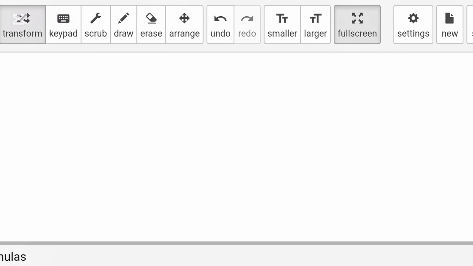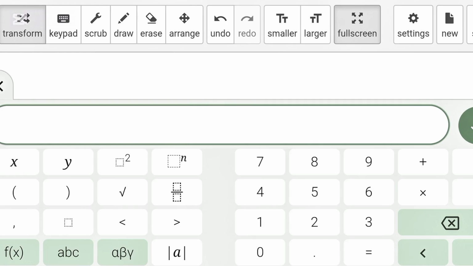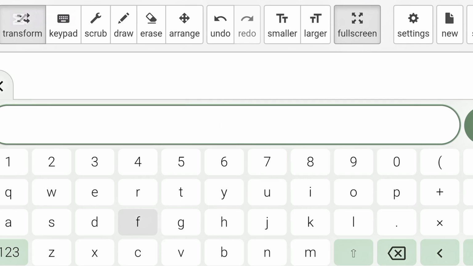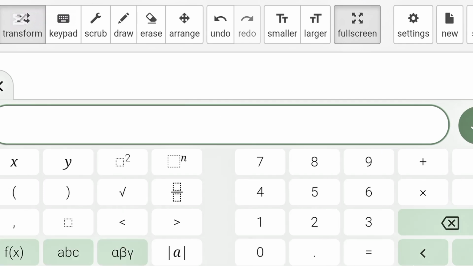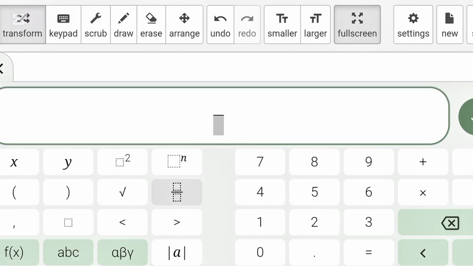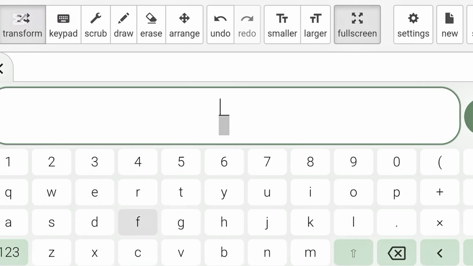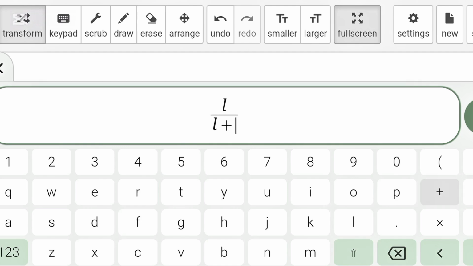To create the new percentage, I'm using L for the left-handed persons. We want to create a fraction, because percentages are fractions. The left-handed persons remaining, L, over the total, L plus 1, where the 1 represents the right-handed person.